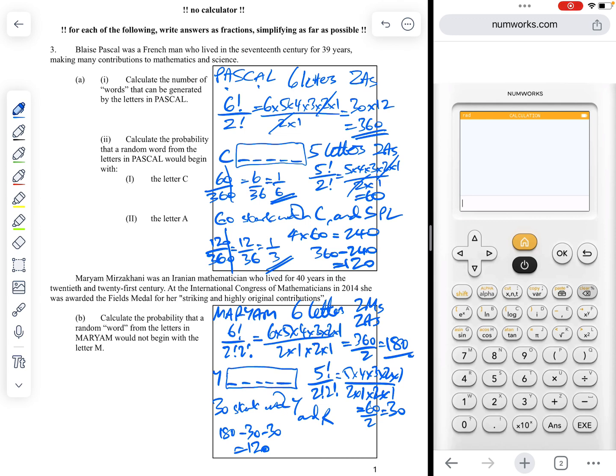So there are 120 words either starting with M or A. So if we divide that by 2, 60 start with M. We want words not starting with M. So we have 180 minus the 60, which are the M words. That leaves 120. So our probability is 120 out of the 180, which is 2/3.